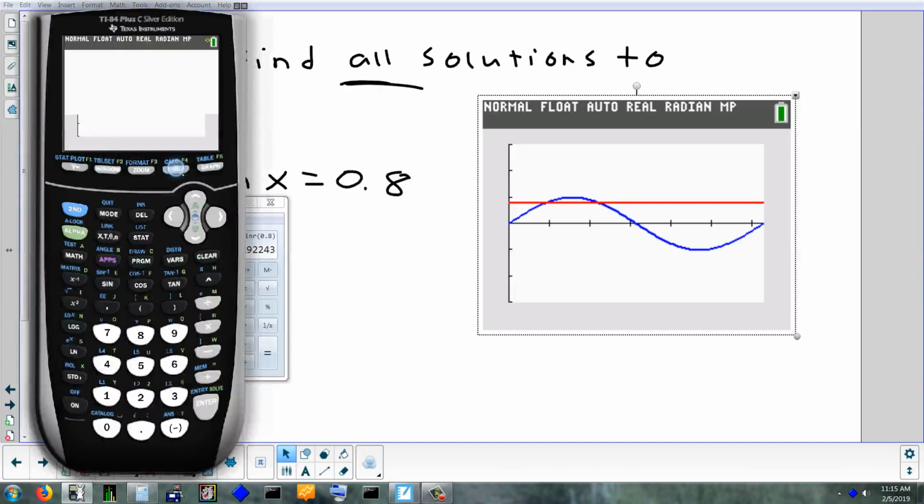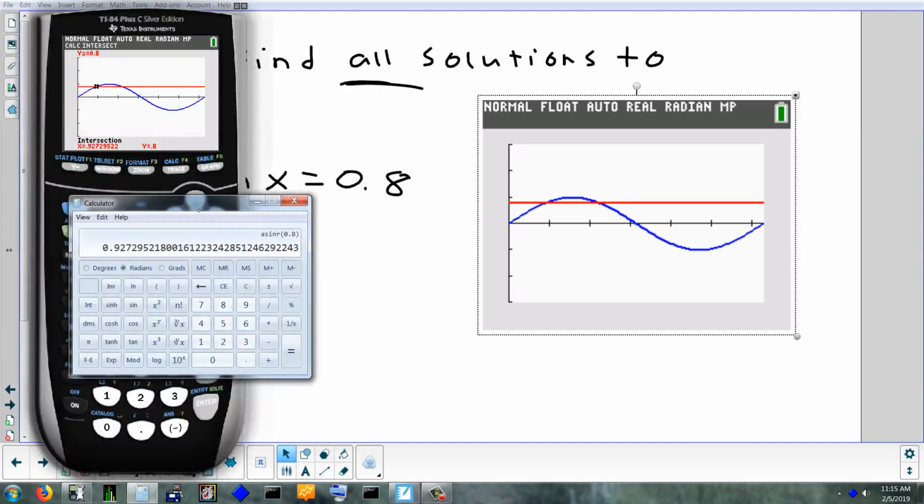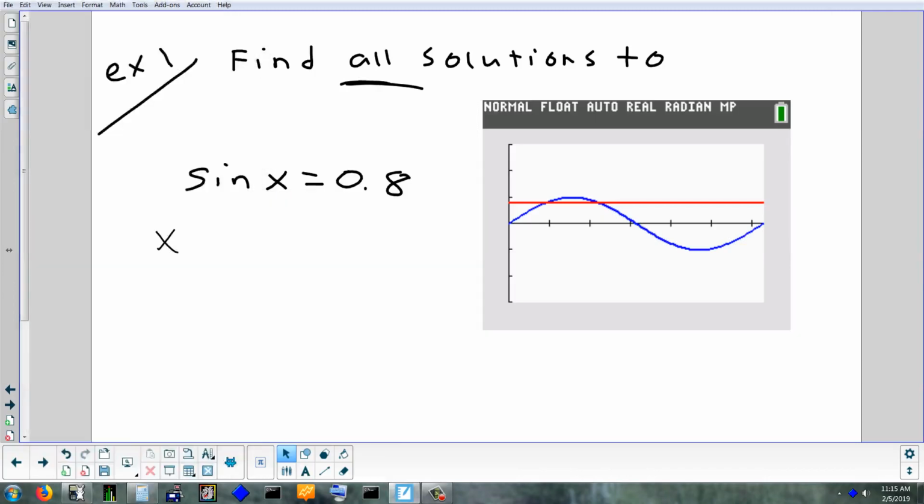All right, so second calc intersect. I'm going to move my cursor. I'm going to hit enter, enter, enter, and I get exactly the same answer that I just got right here. 0.927. Right, so that's our first answer. And what do I put on the end of that because they want to know all solutions?